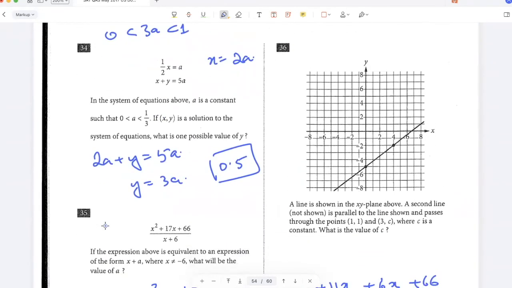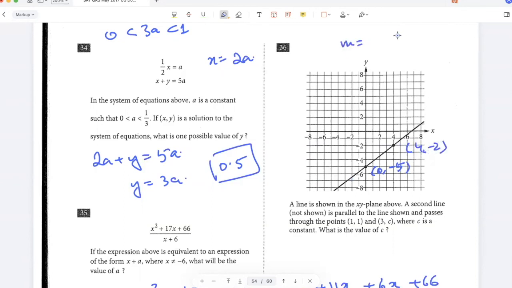Okay, a line is shown in the xy plane above. A second line not shown is parallel to the lines shown and passes through the points 1, 1 and 3, C, where C is a constant. What is the value of C? Okay, so if the lines are parallel, they'll have the same slope. So let's first find the slope of this. So 0, -5, and this is 4, -2.